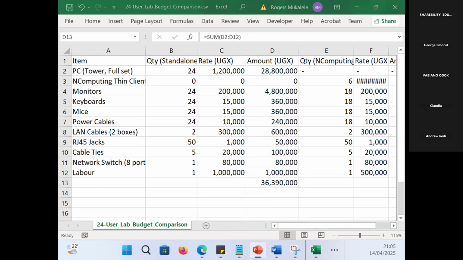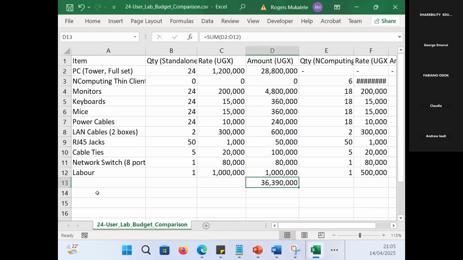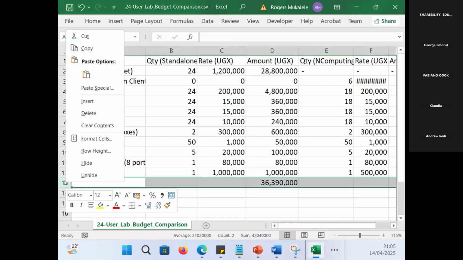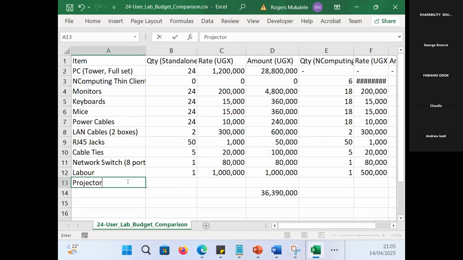And here, I've also not put the projector. I need to put a projector. So I need this is the 24 pieces. I need a projector. A good projector is around 2.5. So I can have a projector of 2.5. That is Epson.